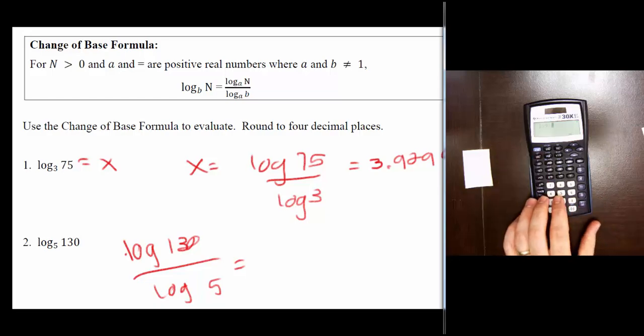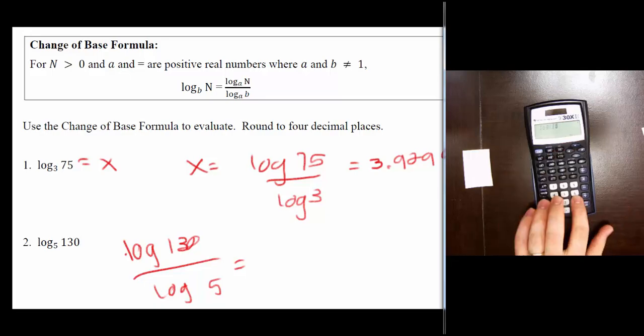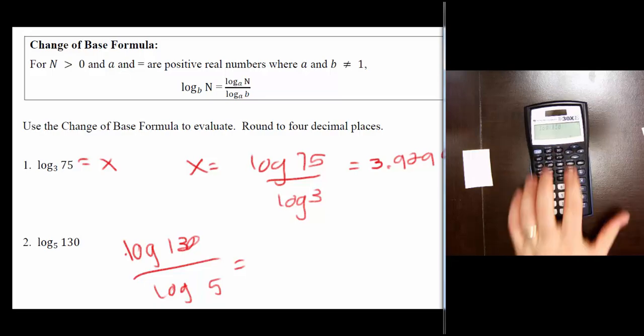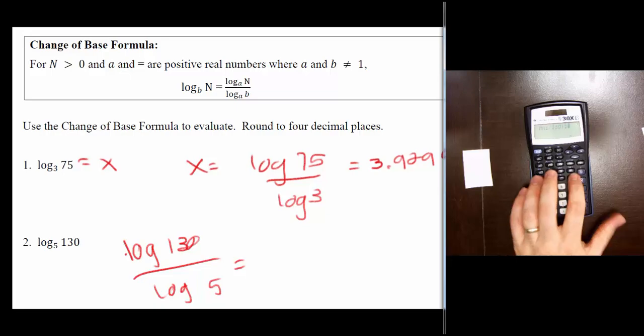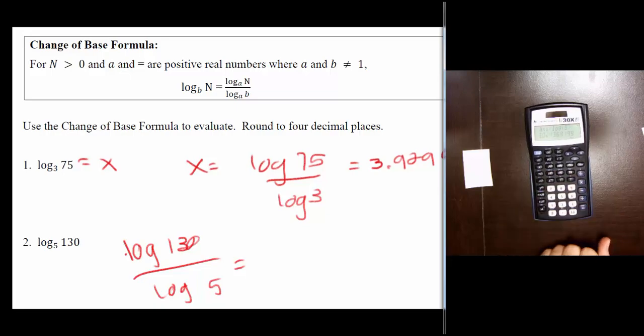Log of 130 divided by the log of 5, 3.024. So how are we going to round that? 3.0244 is what I'm going to say.